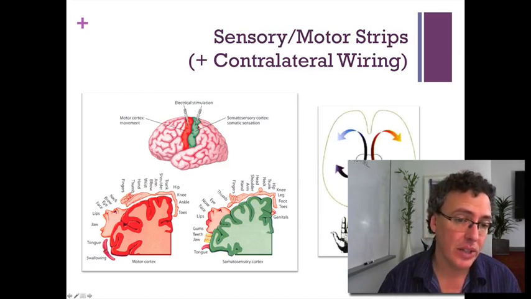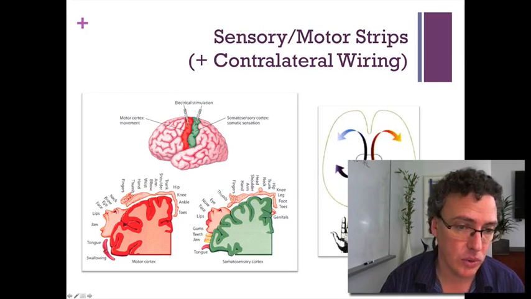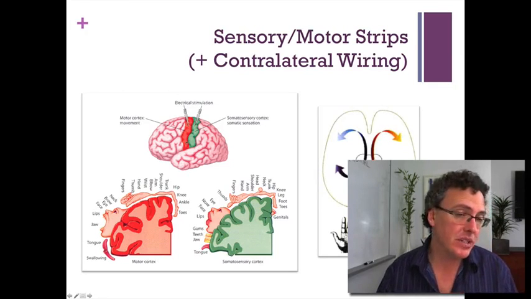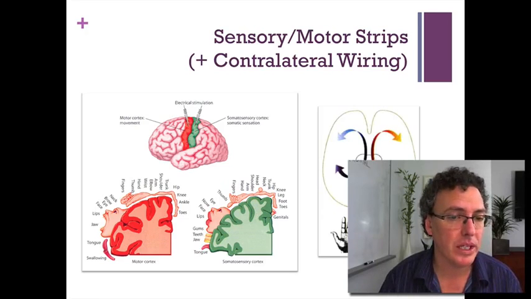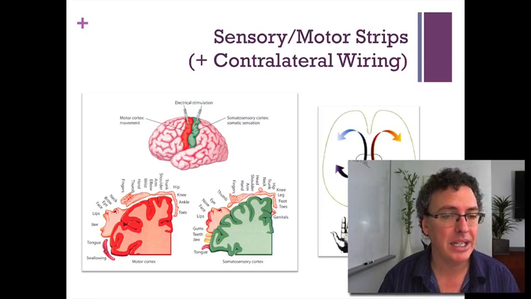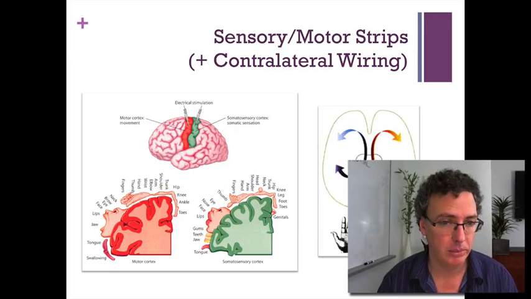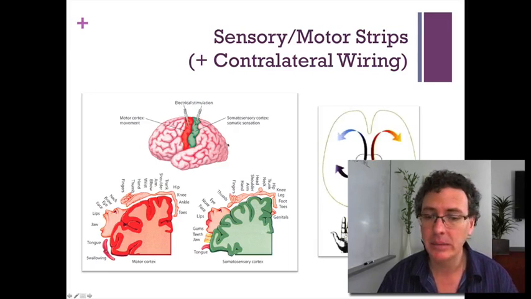And so, that's all reflected here in this cortical strip. This sort of is the primary cortex when it comes to the frontal lobe, but again, it's more about output, not about input.